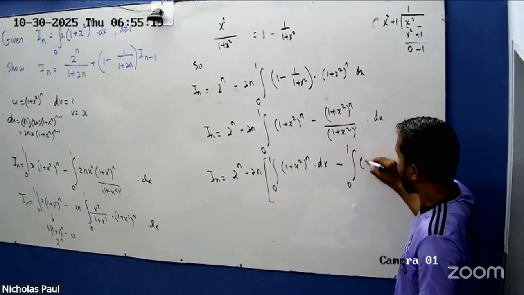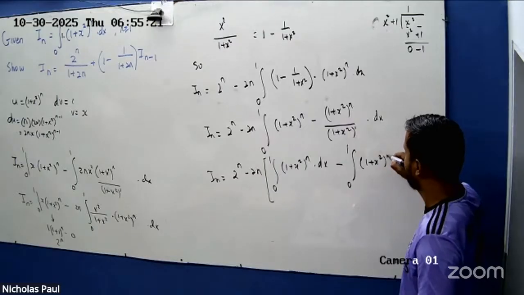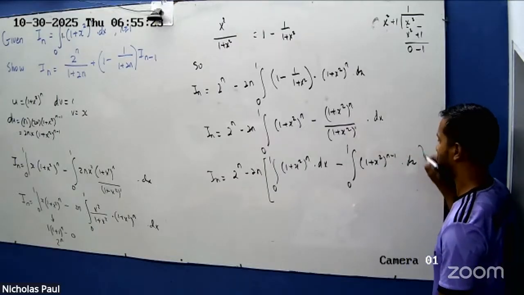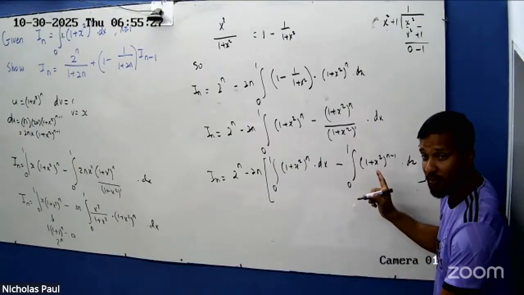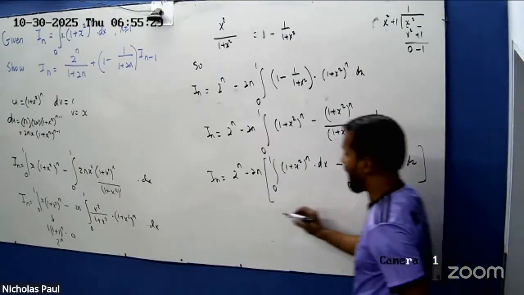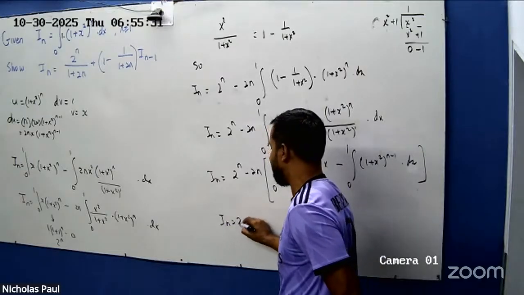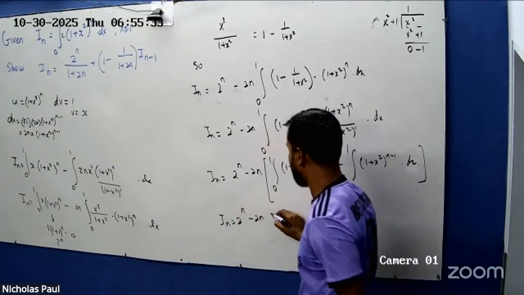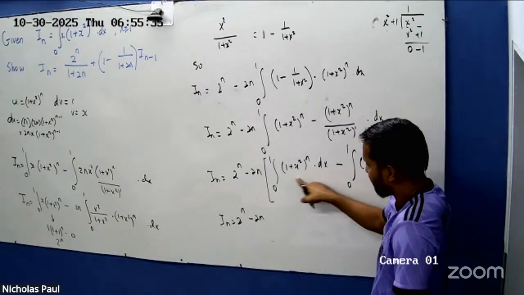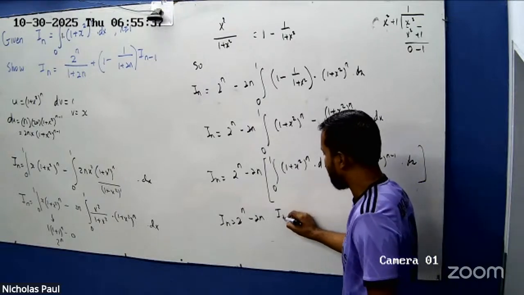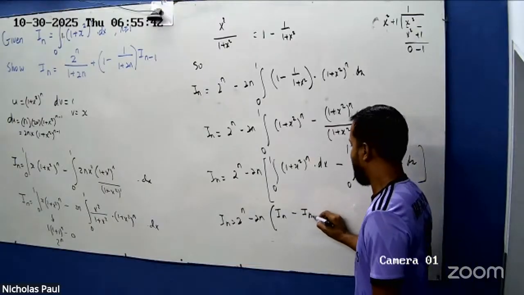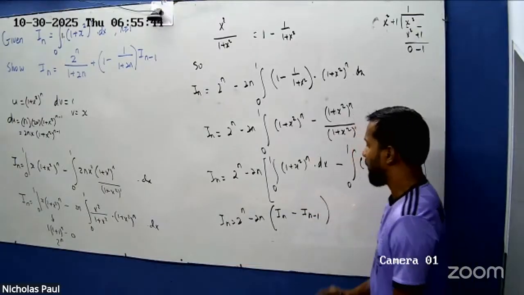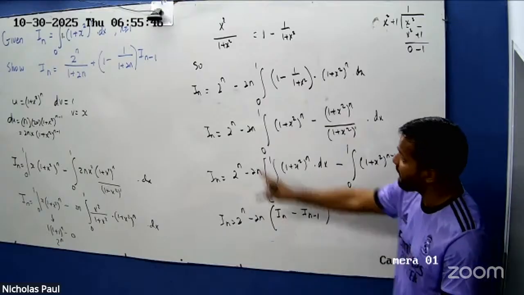So I'll get 1 plus x squared to the n minus 1. So it's time to work it out now. So you end up with I to the n is 2 to the n minus 2n by, this is what? This is I n. This is I n minus 1. And just rearrange it and you'll get it out.